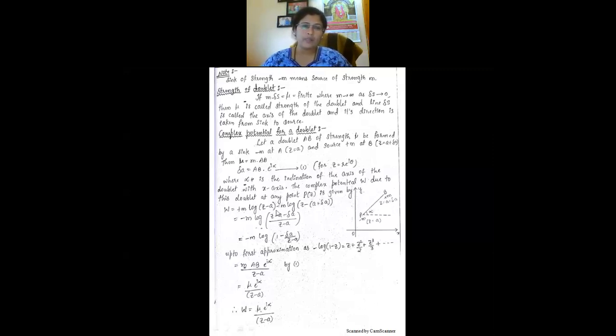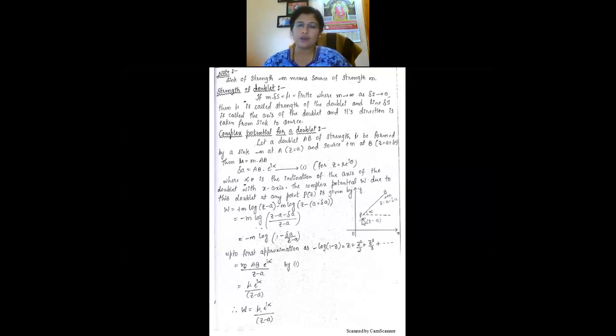This is the complex potential for a doublet, and in order to write the complex potential of a doublet, you have to write the combination of the complex potential for a sink as well as the complex potential for a source. First we are writing the complex potential for a sink, which is placed at the point Z equal to A, and it has strength minus m.